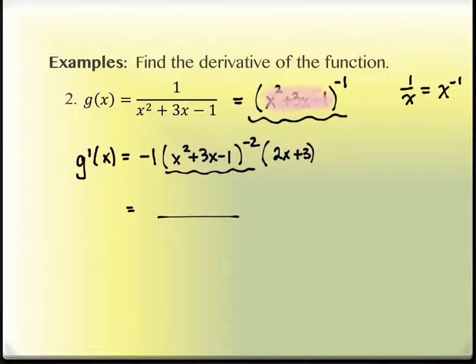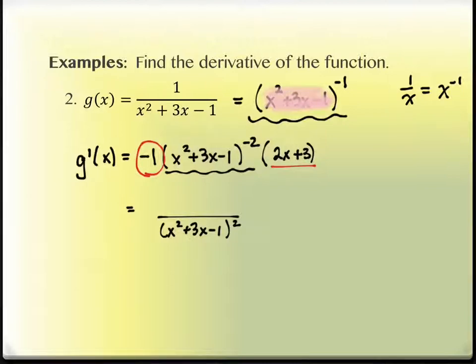So I'm going to have x squared plus 3x minus 1 squared, like that.